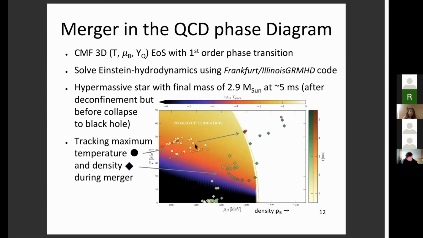But what I found out is that as time passes, and eventually you cross the threshold for the confinement in the center of the star, suddenly the center of the star becomes hotter. Because, you know, when you pass through a first order phase transition, there's a small softening there and it just compresses and heats up. So the hottest part of the star, which was the ring, all of a sudden became the center. So the circles coincide with the diamonds.